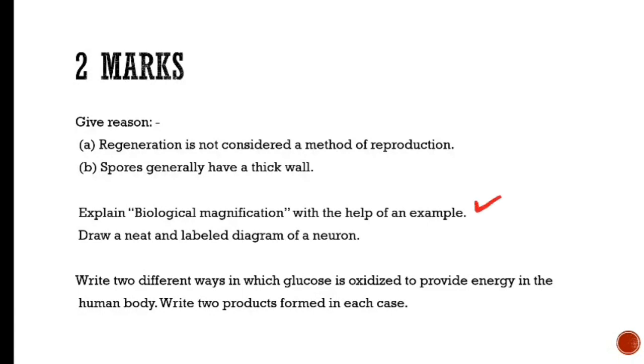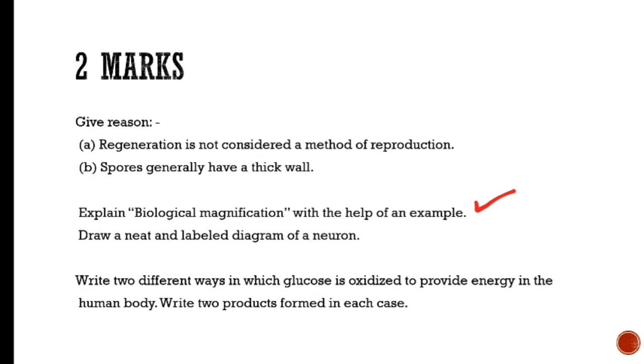With an example you can explain using numbers, for example 2 ppm of chemicals or 2 ppm of pesticide, something like that, and you can refer to the chapter Our Environment for this question.